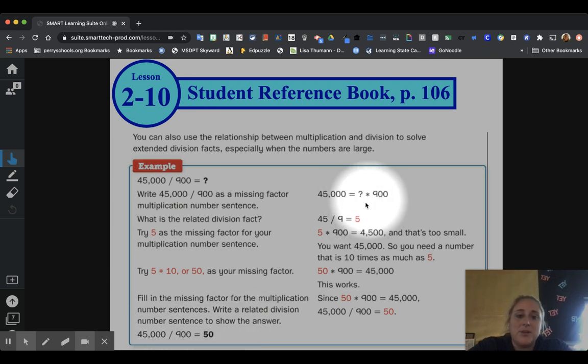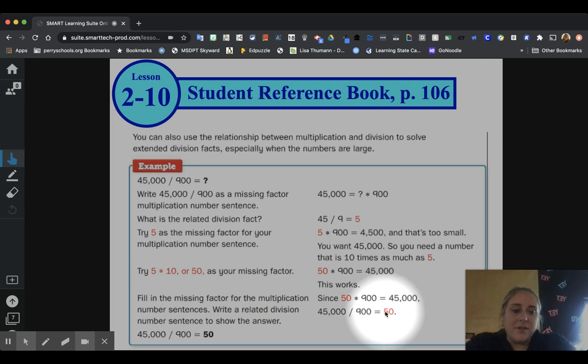We can get to that by doing this. 45 divided by 9 is 5. 5 times 900 is 4,500. So it's too small. You want 45,000. So you need a number that is 10 times as much as 5. So we could do 50 times 900 is 45,000. That works. So since 50 times 900 is 45,000, 45,000 divided by 900 would be 50.